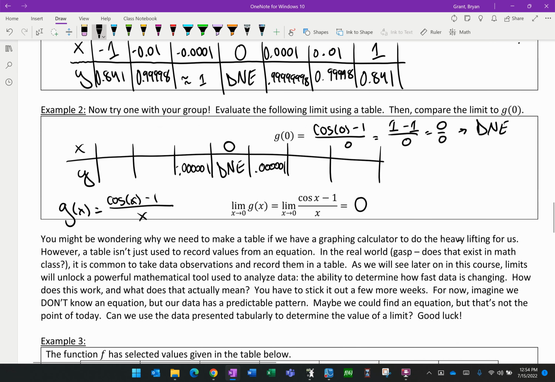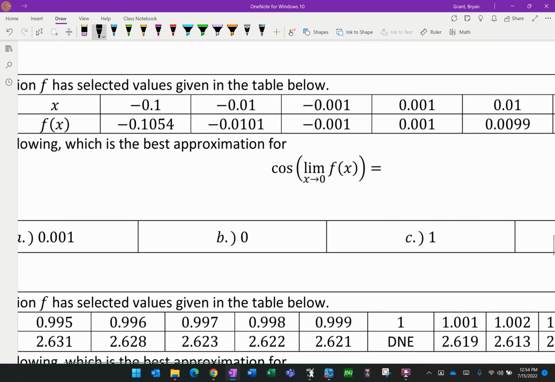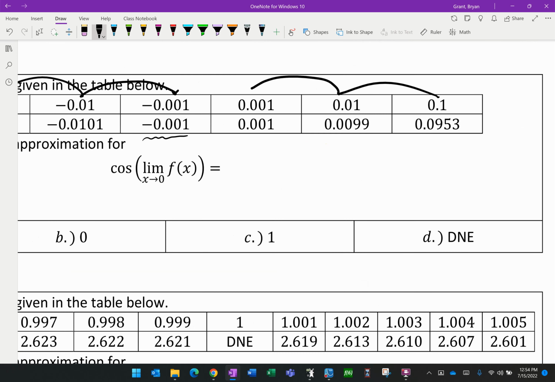To find the limit as we approach 0 of f of x, we need to see what happens close to 0. And on the negative side, it looks like our y values are at negative 0.001. And as we get closer to 0 from the positive side, our y values are 0.001. Looks like those are pretty darn close to what y value?